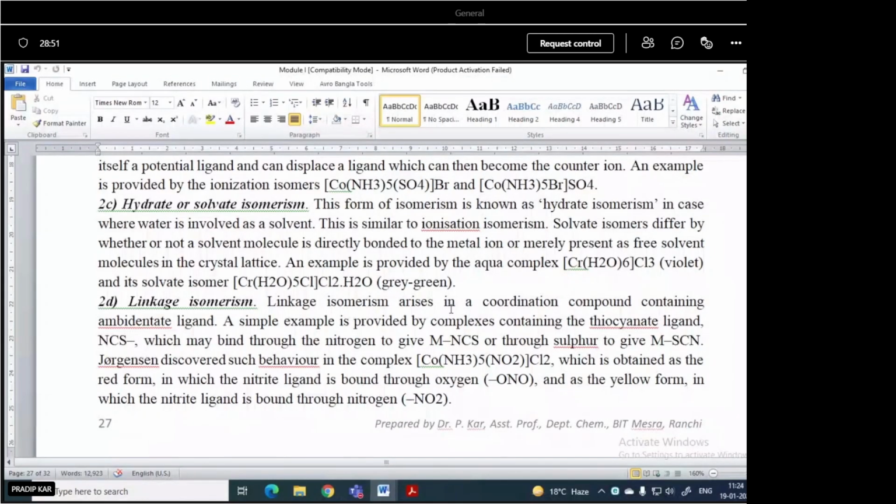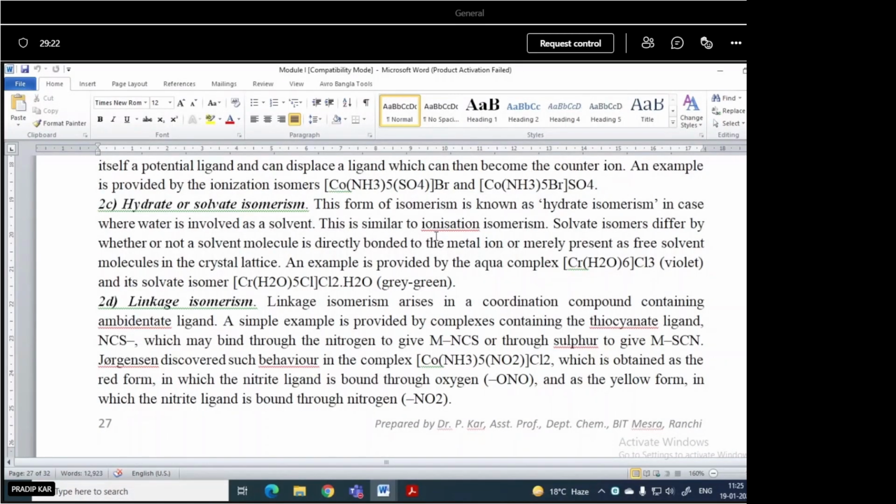Hydrate or solvate isomerism means the position of the water molecule in the compound is different. It is either satisfying the secondary valency or it is present as crystal water.